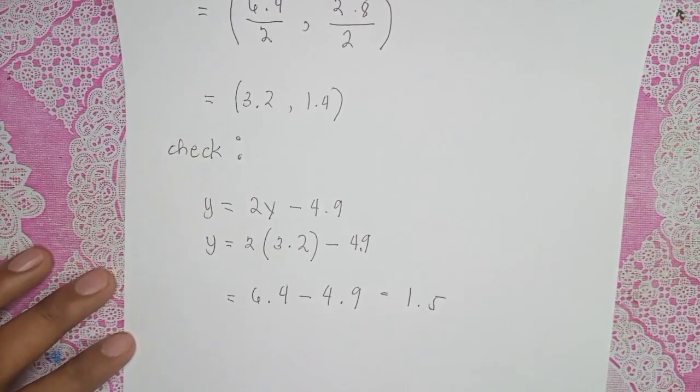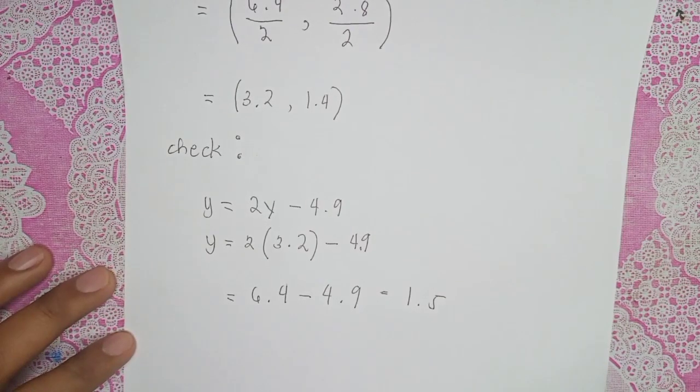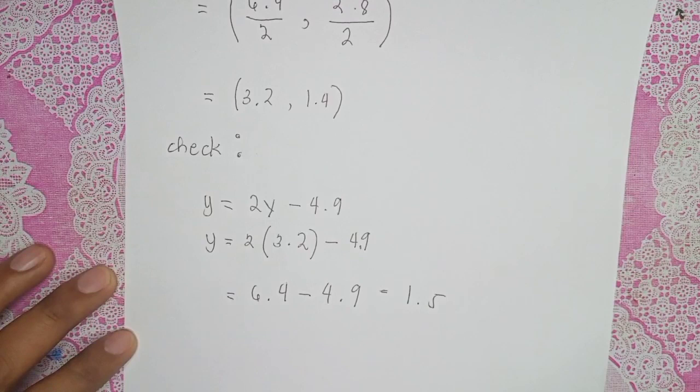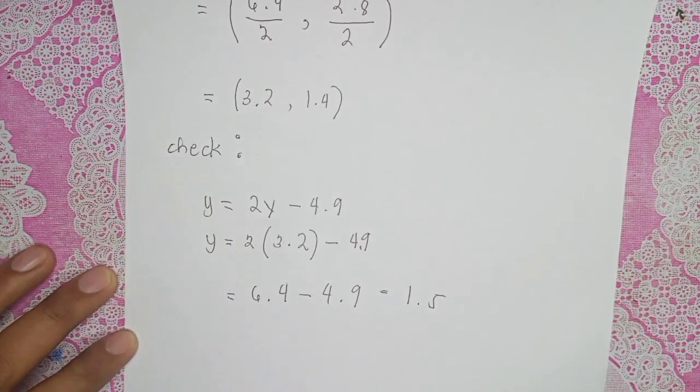But I needed y to equal 1.4, so this line is close to being a bisector, as a picture would indicate, but it is not exactly a bisector. So the answer is no, this is not a bisector of the line segment with endpoints at negative 1.8, 3.9, and 8.2, negative 1.1.